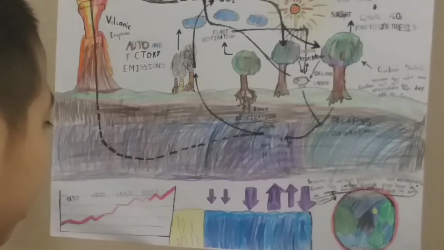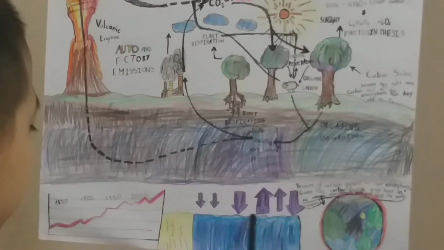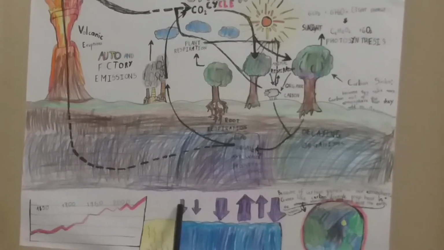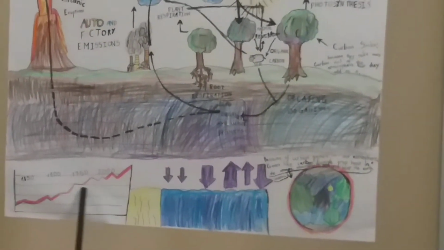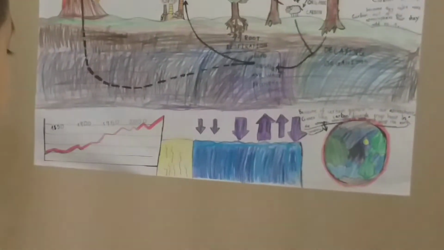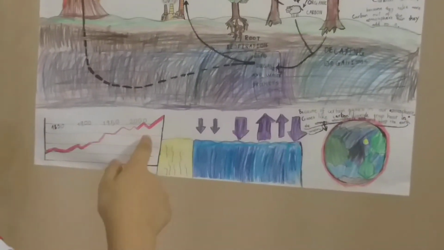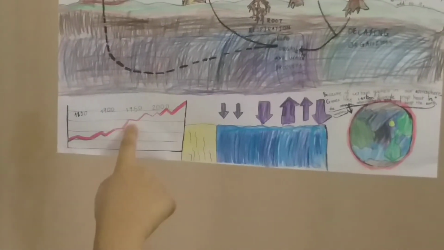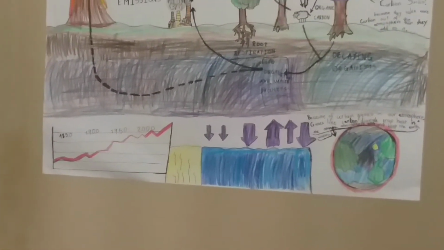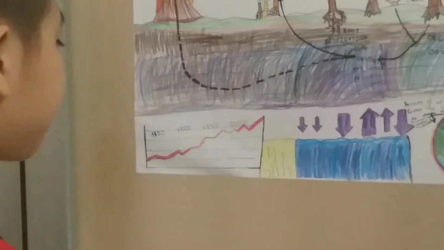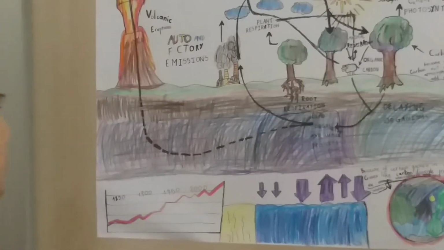Oceans usually take in more carbon dioxide than they expel from the marine life, and it is rising. The carbon dioxide is rising because people make more and more carbon dioxide every year.